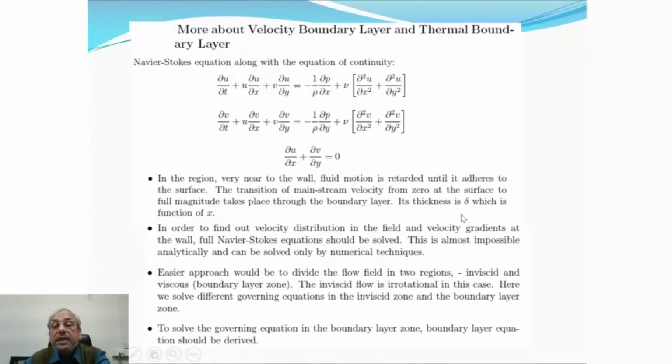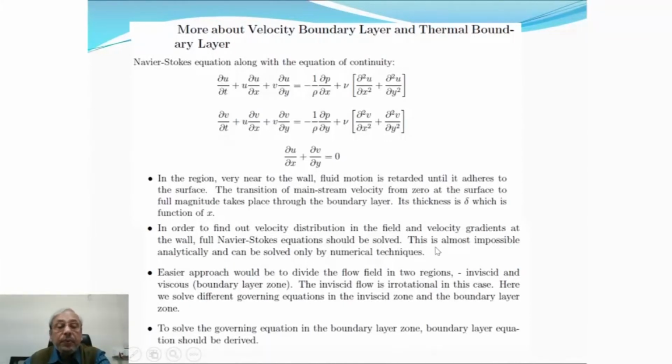The thickness is delta, which is a function of x. In order to find out the velocity distribution in the field and velocity gradients at the wall, full Navier-Stokes equations should be solved. This is almost impossible analytically and can be solved only by numerical techniques.